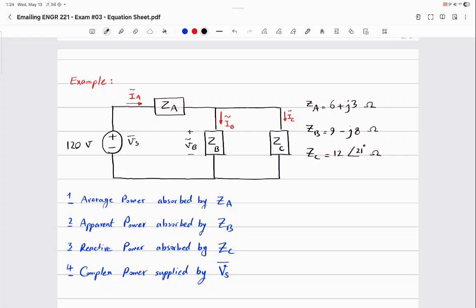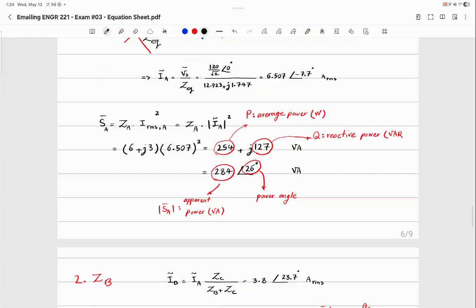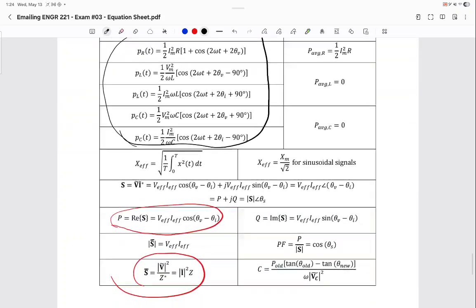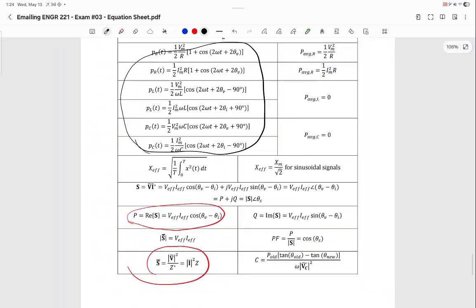You don't know it, so you can't use that. So we have to go for the general equation that we have, right? Can you tell me which one? V dot, are you talking about V dot I conjugate? That's one way. What else?